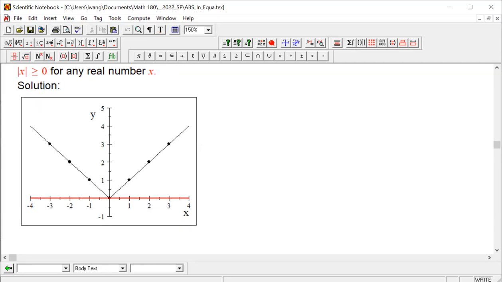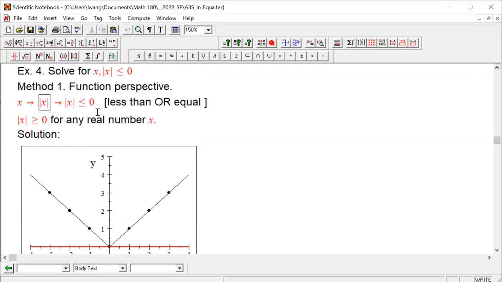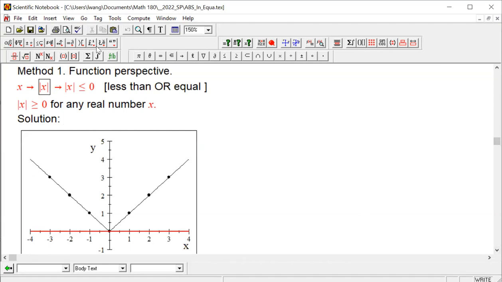We have one touch, the output is less than or equal to 0. Less than 0 is impossible. Equal to 0, yes. And therefore the solution would just be x equals 0.